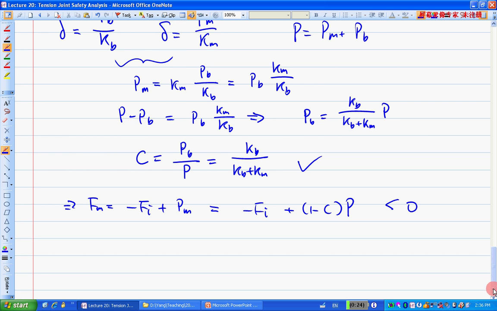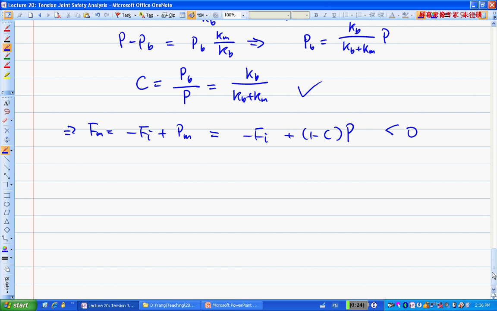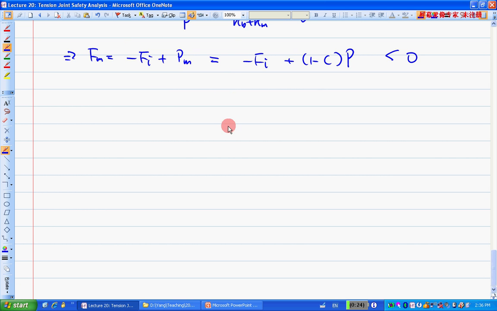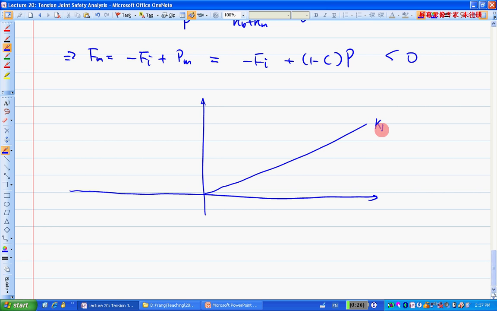So if I draw a little diagram to illustrate what's happening here, let's draw an axis. Suppose that KB is the stiffness of the bolt, and Km is the stiffness of the member.